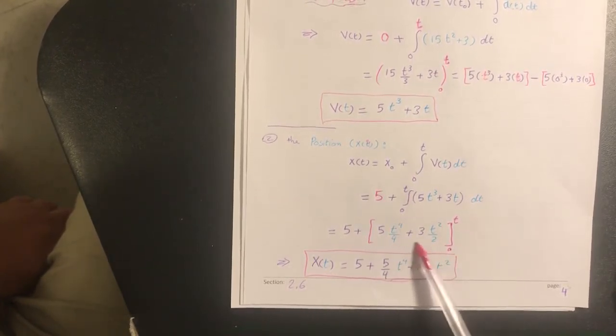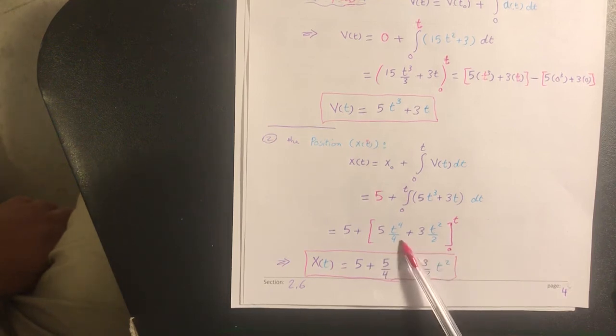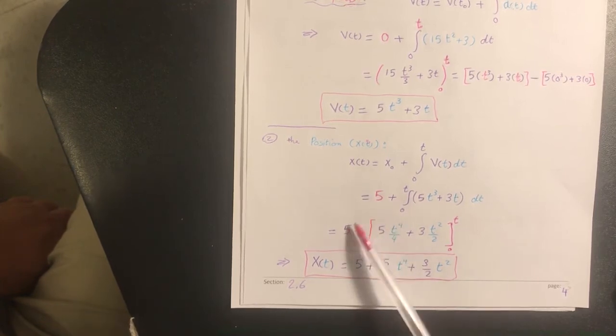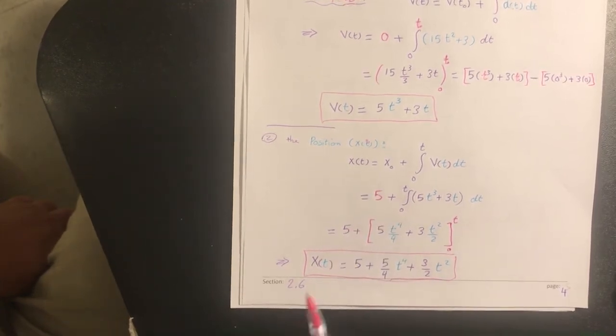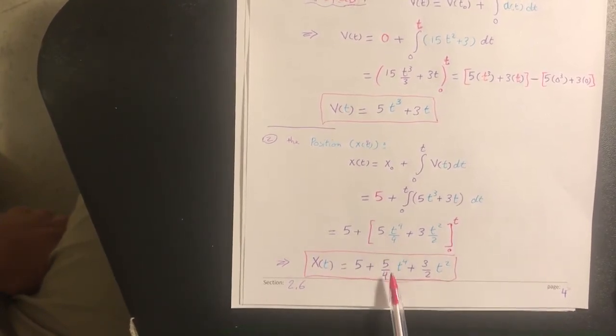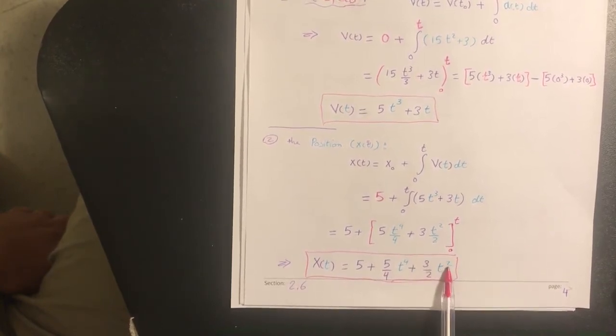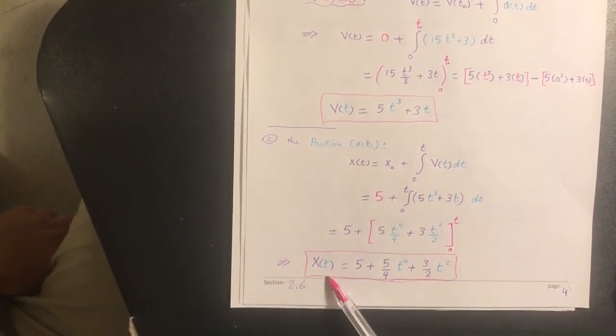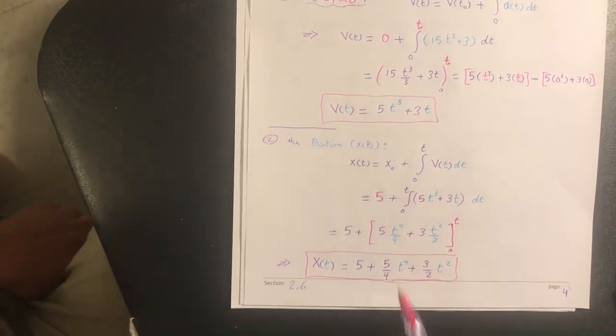This is the resultant value for the integration: t cubed will be t to 4 over 4, plus 3t squared over 2. And we have the initial position 5 as is. So the final function x of t is equal to 5 plus 5 over 4 t to the 4 plus 3 over 2 t squared, and the application of 0 here is 0. So this is the position function for our problem.